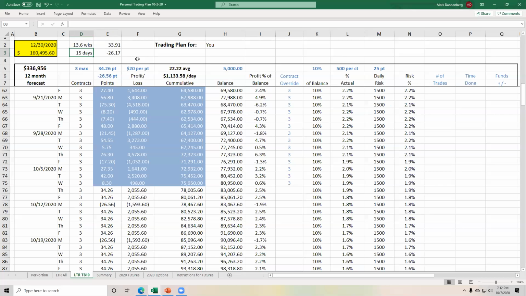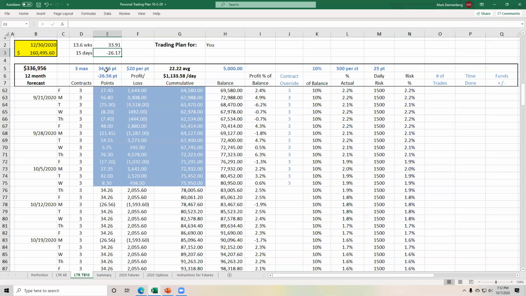Whatever it is, what these two numbers represent for us is an absolute value of the current to-date run rate. So our valuation is that our run rate is 33.91 points per day for winning days and minus 26.17 for losing days.